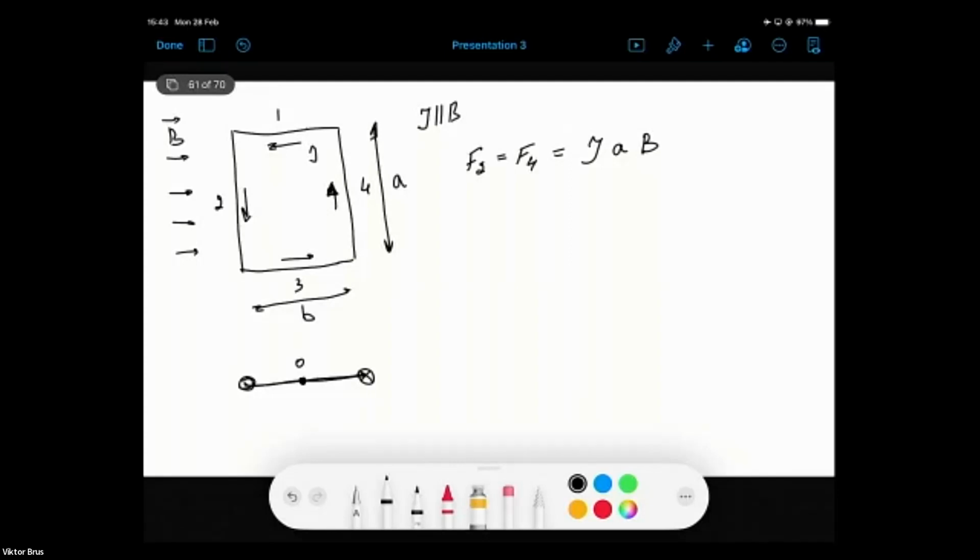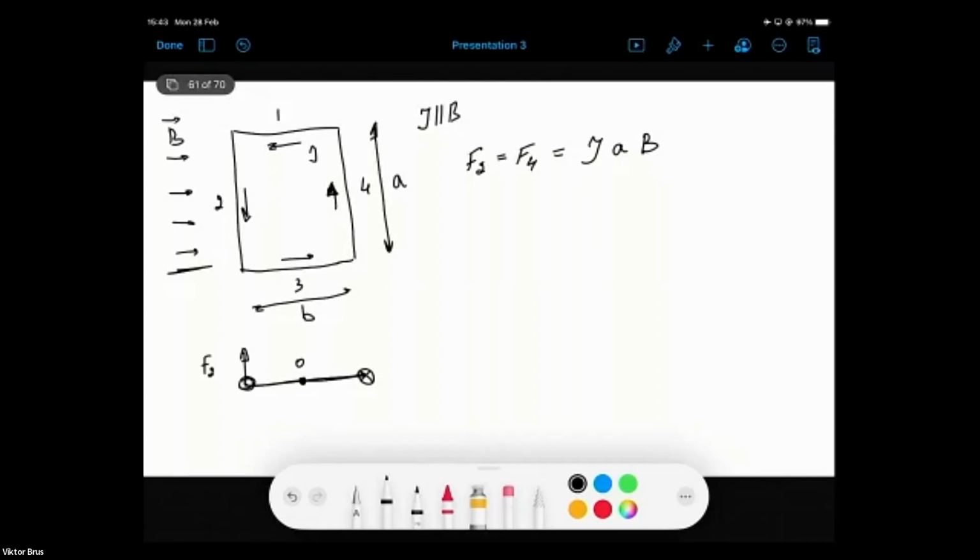So considering the orientation of our magnetic field and this current direction, and applying the left hand rule, we will see that the force F2 on segment 2 will be pointed here.